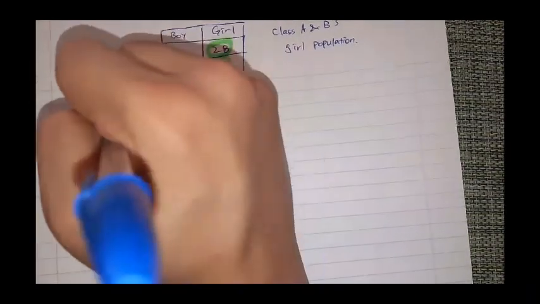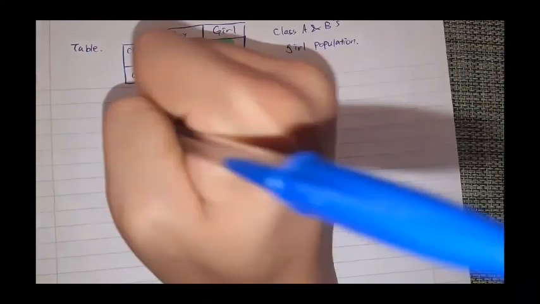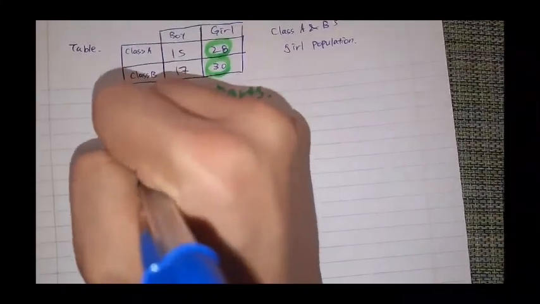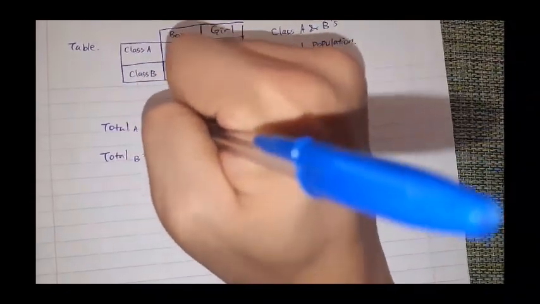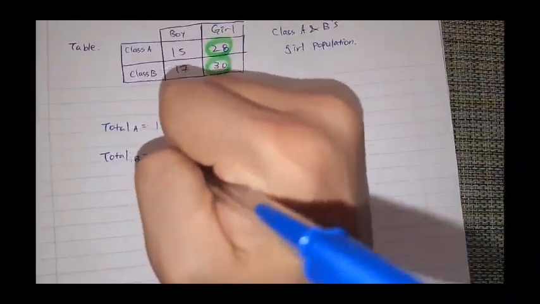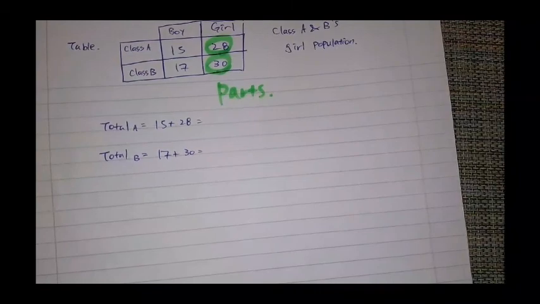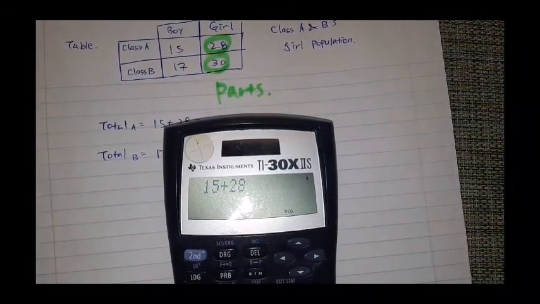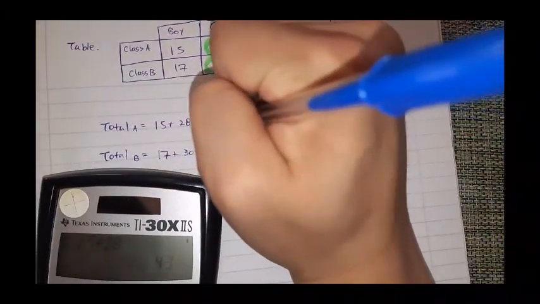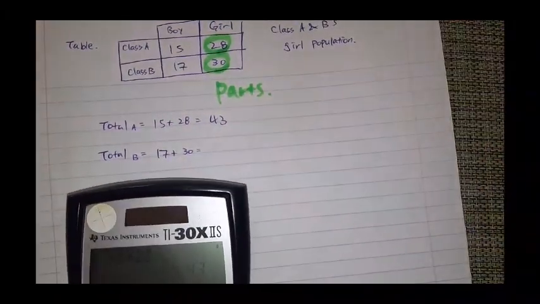So the funny thing is we need to find the total for class A, total for class B, which is class A should be boy and girl, 15 plus 28, and the next one is 17 plus 30. And that's the pre-step, 15 plus 28, that is 43. 17 plus 30 is basically 47.